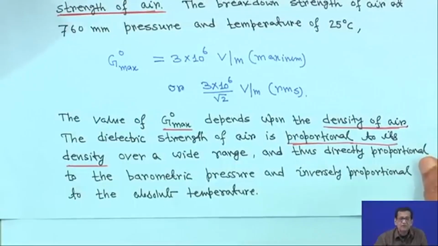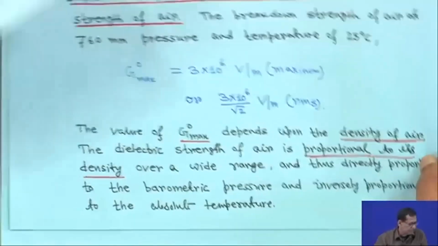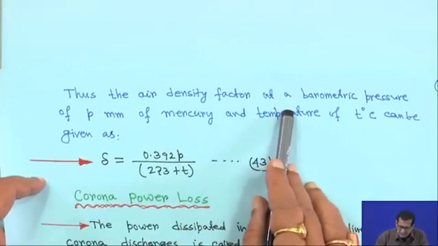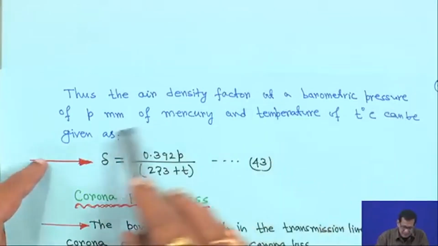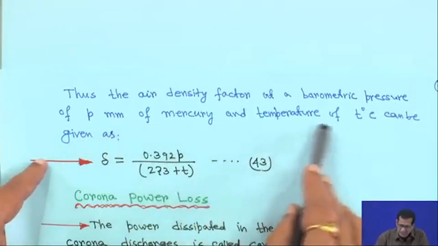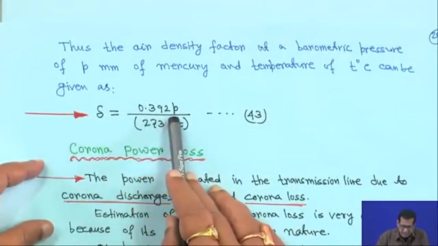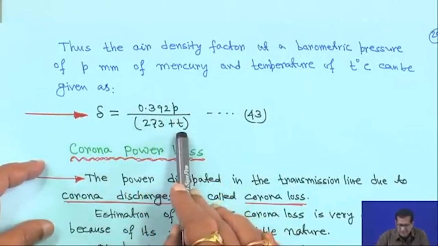I cannot give you the proof here, but some kind of empirical formula has been given from different field tests. Thus, the air density factor at a barometric pressure of p millimeter of mercury and temperature T degree Celsius can be given as delta is equal to 0.392 p divided by 273 plus T.